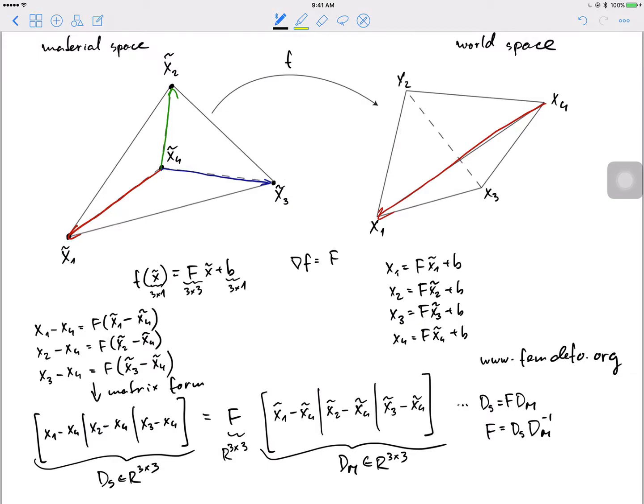Where the Dm depends only on the rest pose. All these tildes are the rest pose. So if the rest pose is not changing, which is usually the case, usually only the world space coordinates are changing, only these x's are changing, the x tildes are not, okay? Then this Dm inverse can be pre-computed, and only this Ds depends on the state vector x.